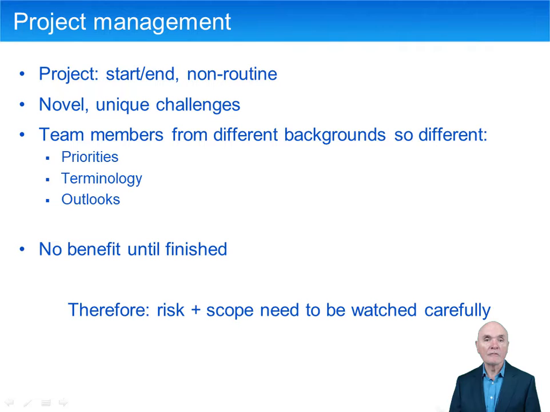So the people from the accounts department might want emphasis on good internal control. The people from the sales department want flexibility on selling prices. The people in manufacturing want to be able to make in big batches rather than go to just in time and so on. Potentially what they want out of the project is going to be quite different, and they begin to pull in different directions.